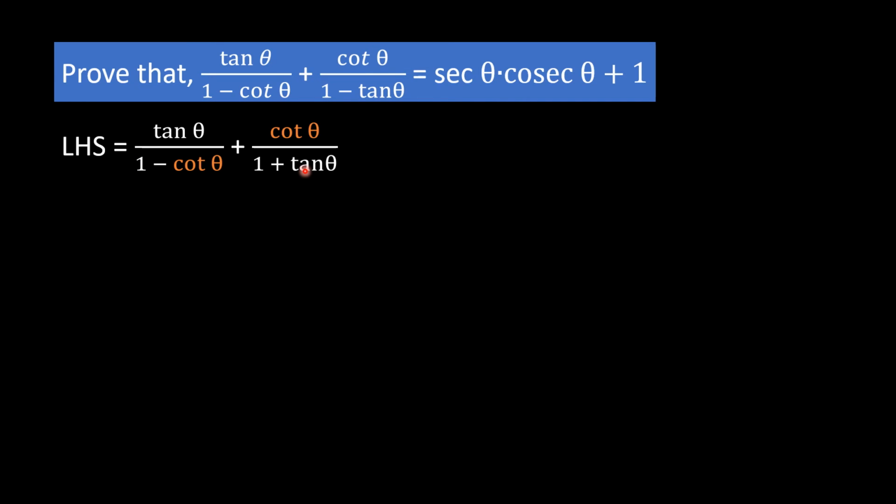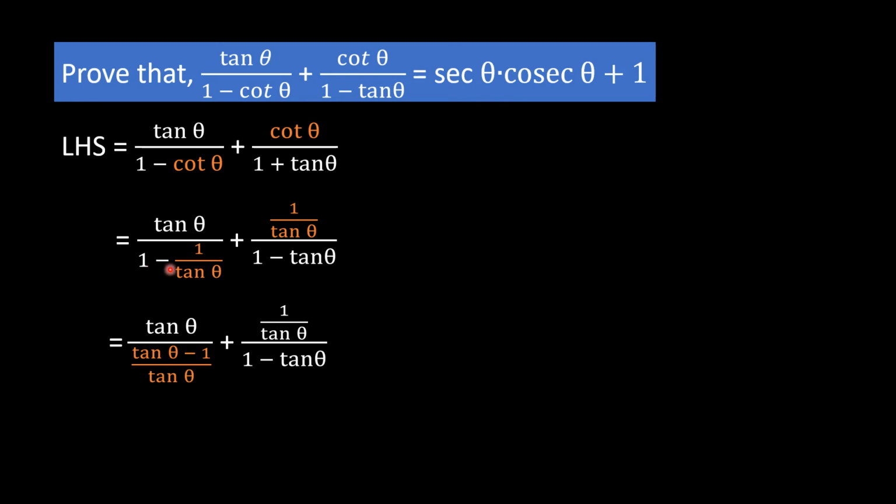In the left hand side, we will write 1 divided by tan theta in place of cot theta. 1 multiplied by tan theta minus 1 will be tan theta minus 1 divided by tan theta.